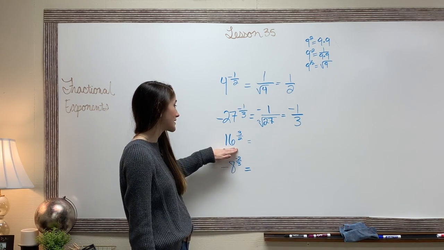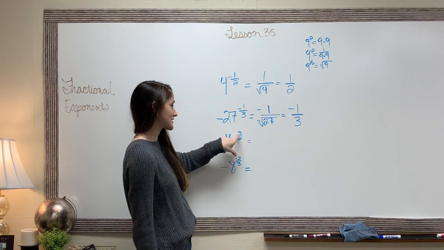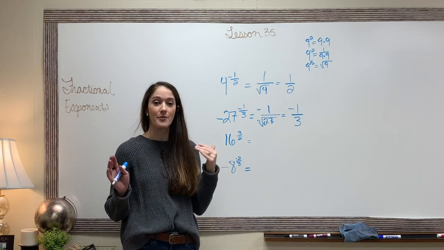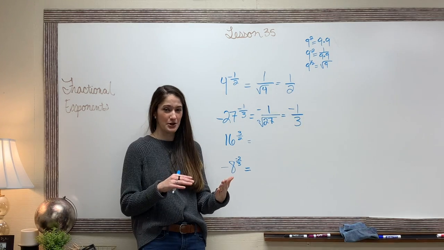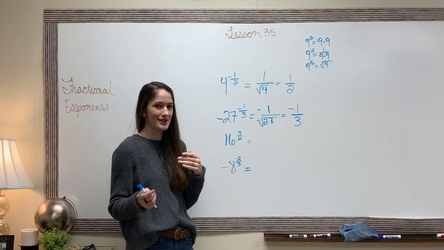Okay, this next one, we still have 2 things going on. We are cubing this and square rooting it. So I personally am all about making numbers smaller before I have to multiply, so I'm multiplying small numbers. I would not cube 16 and then try to square root it.